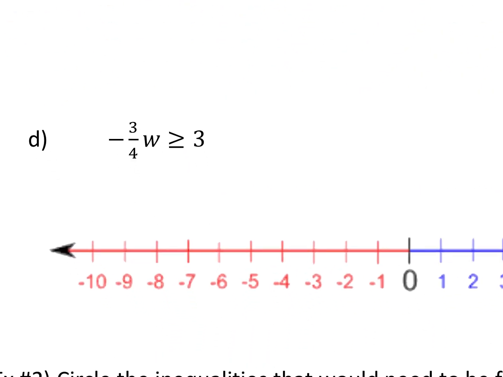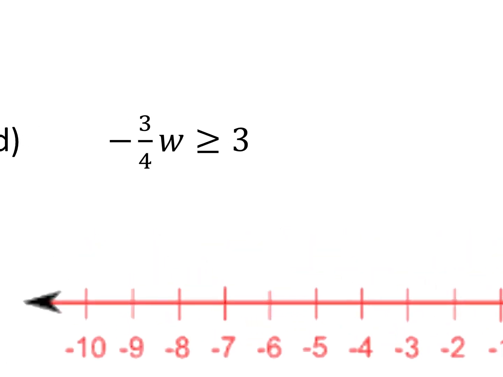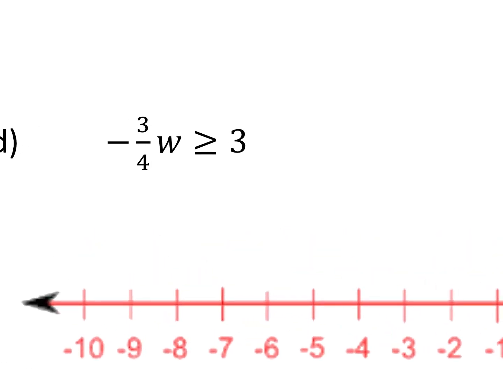Take a look at this one. You have a negative 3/4 w is greater than or equal to 3. What do we do? Multiply by what? Negative 4/3. Take the reciprocal, right? But a negative times a negative is going to make it a positive, so we want to ditch the negative also. So multiply by a negative 4/3 on both sides.